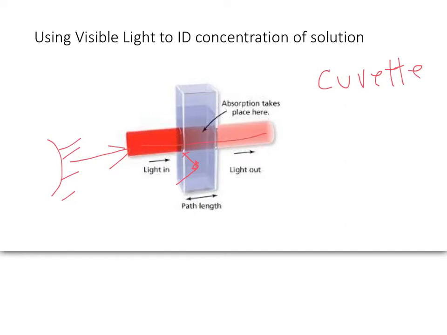Not all of the light goes through. So the basic idea of spectrophotometry is I can determine what percentage of the light comes through the sample. And as you can imagine, if I have the same light source and a more concentrated solution, less light would come through. And the solution would, to my detector, my eye, look darker.